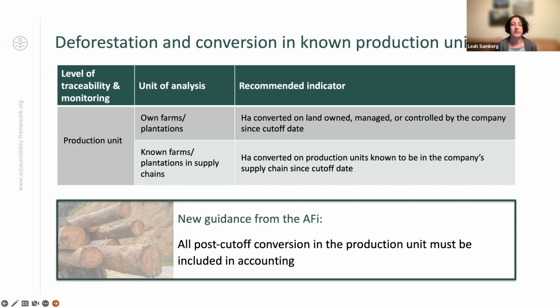Accounting in this way ensures that emissions accounting accurately reflects the actions of the producer. It accounts for management practices such as crop rotation or fallows, as well as progressive conversion trajectories, for example, from pasture to soy or from forest management to a plantation. So we recommend that companies look at a whole production unit when accounting for deforestation and conversion at this scale.